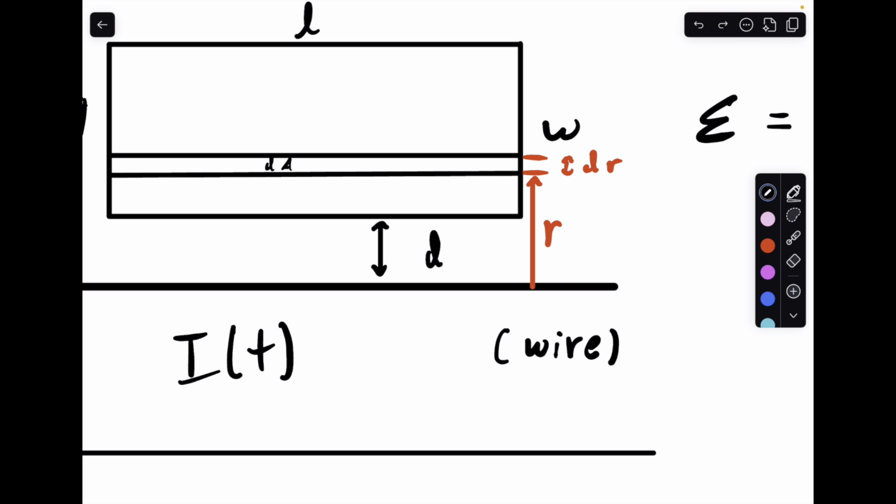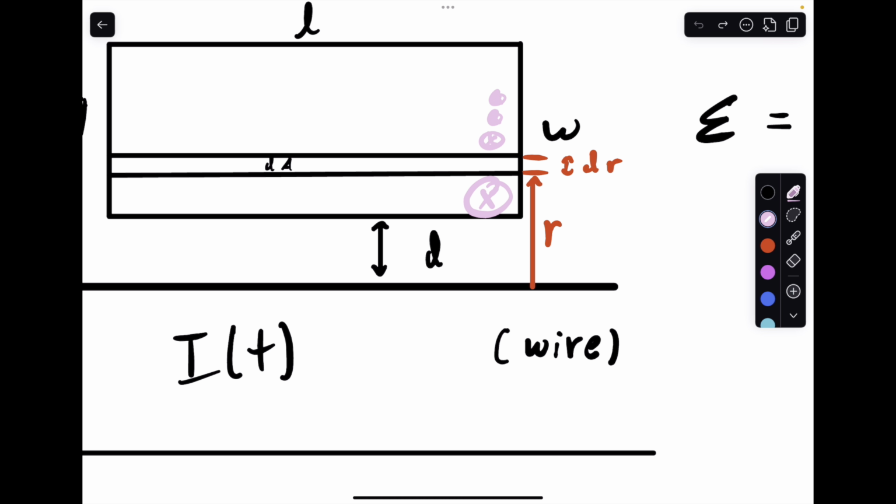But what we need to realize is that the magnetic flux will vary along this entire width. The magnetic flux here, I'm going to use pink, might be really strong, but it might weaken as we get further and further from the wire. It gets tinier and tinier.